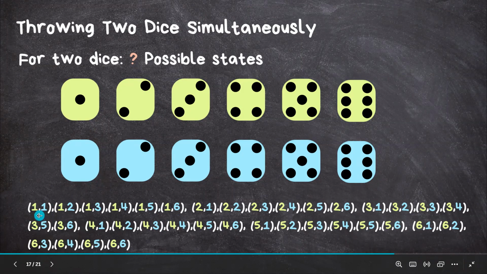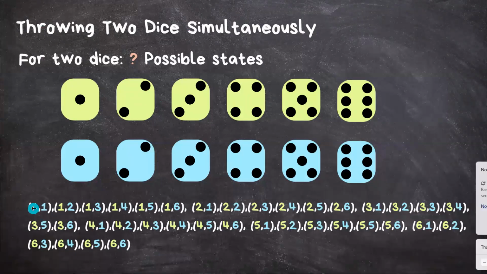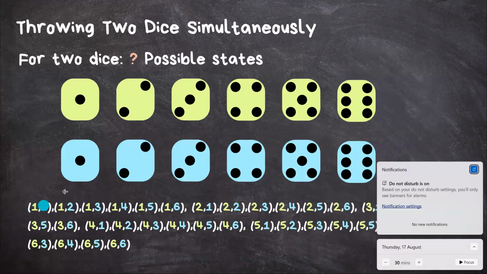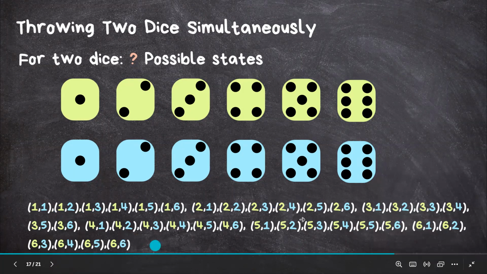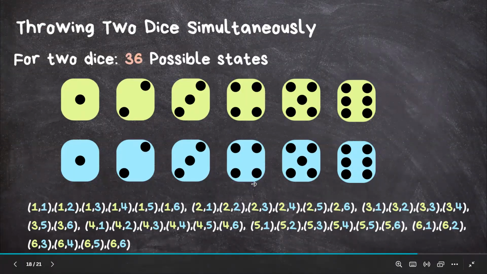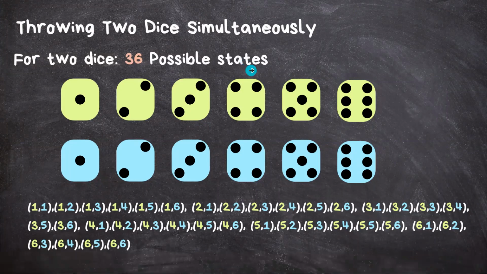That when we both were throwing the dice simultaneously, I got a 1 and my friend also got a 1, right? And like this, when you count all of these possible outcomes, there are in total 36 possible states that you're getting for the case of 2 dice.